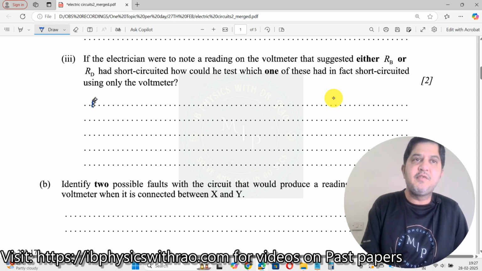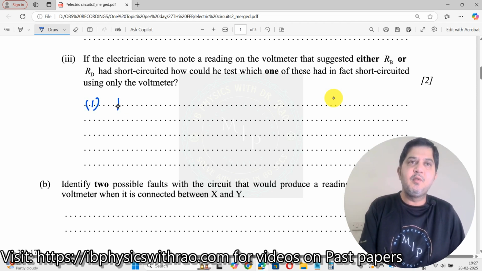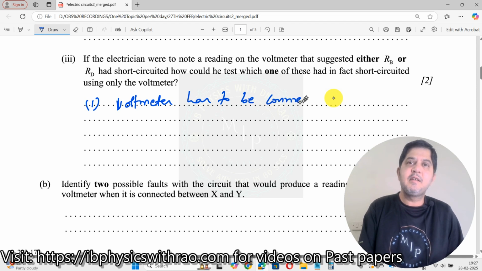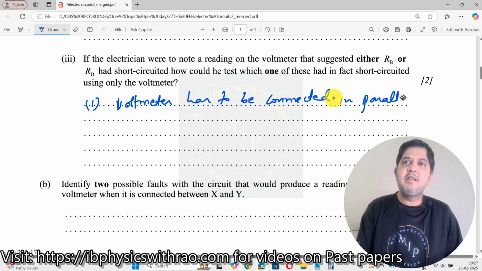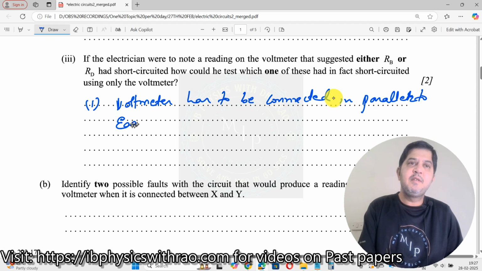The first mark would be: the voltmeter has to be connected in parallel to each resistor. Each resistor is the first thing.